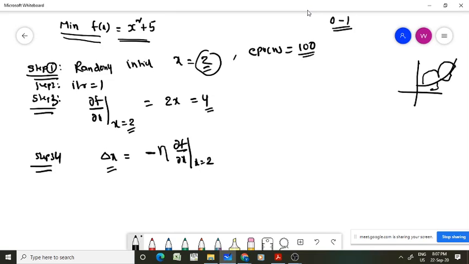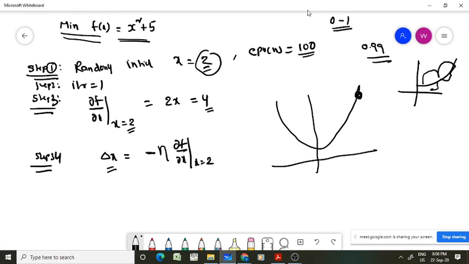Then what is the impact of the learning rate on finding the solution of an optimization problem? Suppose the initial point is here, and suppose you take the learning rate very high, like 0.99 or 0.9. Then it takes a bigger step like this, from here to here.